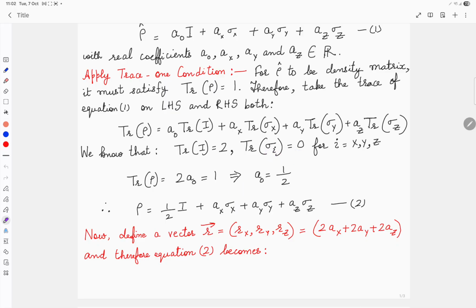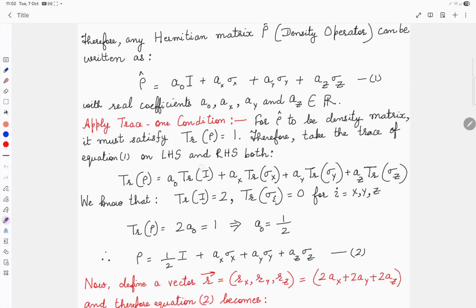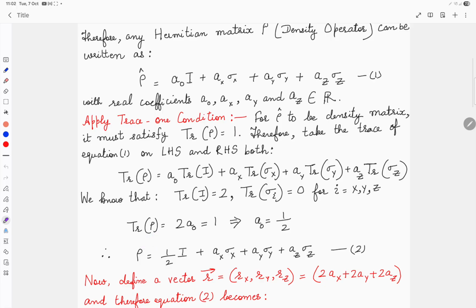So therefore, if we substitute the values of the trace of identity and the trace of all sigmas, we will get trace of rho, because we are taking the trace on the left hand side of equation number 1 also. So trace of rho will be equal to 2a naught, because the trace of the identity matrix is 2.